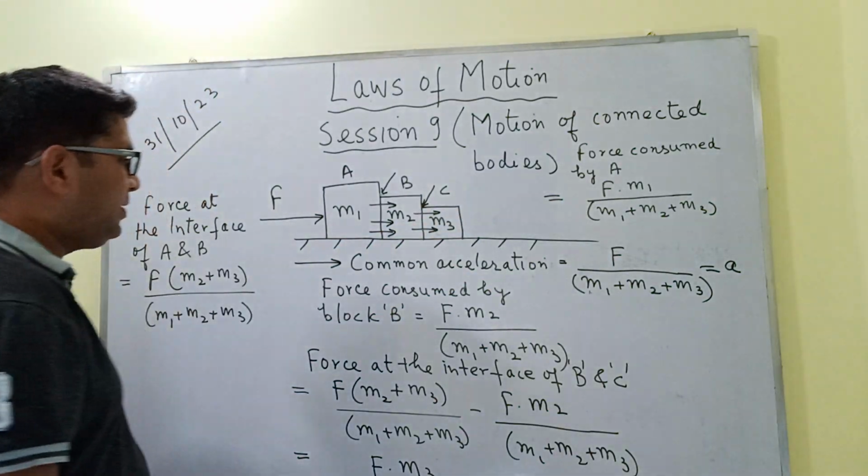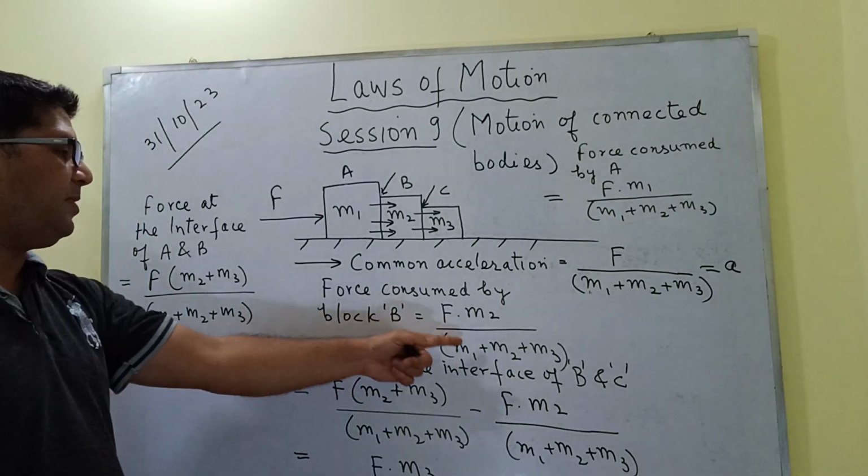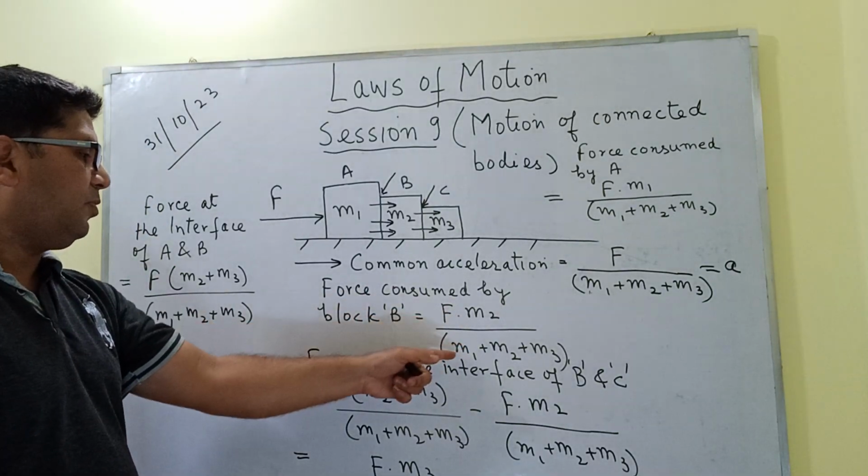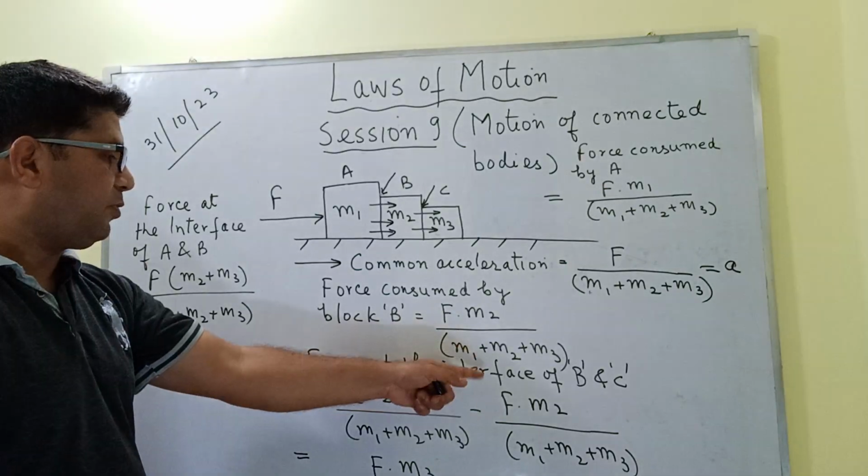The force consumed by the block A is equal to F dot M1 divided by M1 plus M2 plus M3. The force consumed by the block B will be equal to F dot M2 divided by M1 plus M2 plus M3.